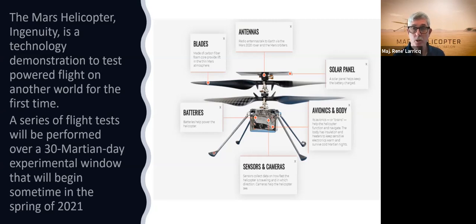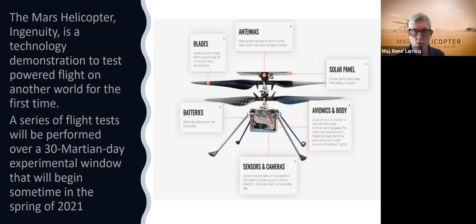Now, hopefully they'll get to do more than that. This thing should be able to recharge itself. It's got a solar panel, and I'm not sure how long it takes to charge up enough to do another flight, but I'm sure as long as it keeps working and as long as they have daylight to keep charging it, they will keep flying. So they hope to at least do 5 missions, and they usually set their bar pretty low for those.